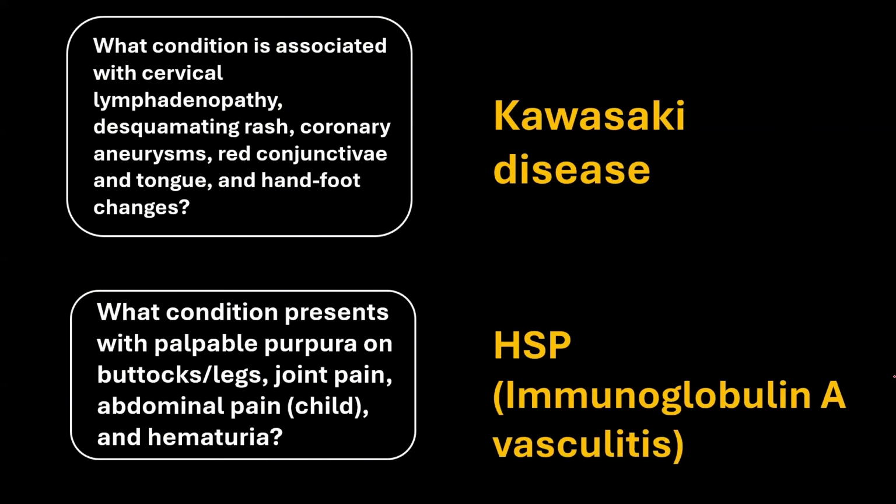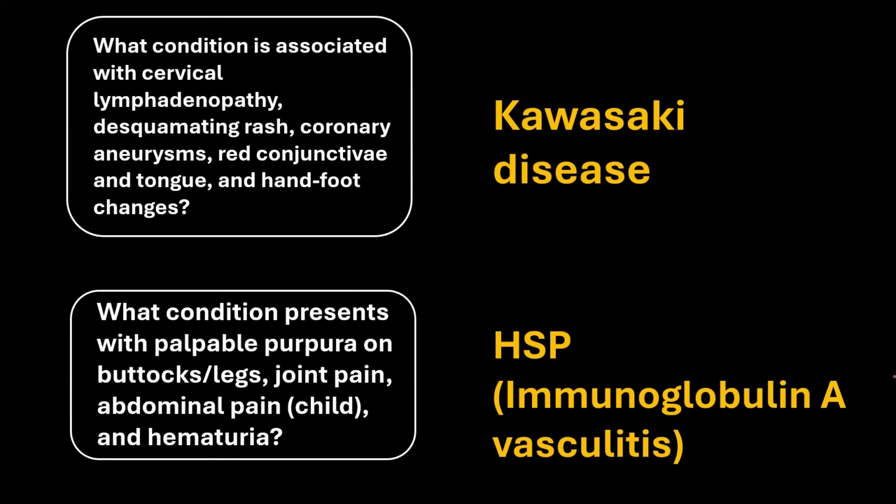What is the most common trigger for HSP or IgA vasculitis? Yeah, usually any viral infection basically can cause HSP. All right, and what's the treatment for HSP? Good, usually just supportive management.